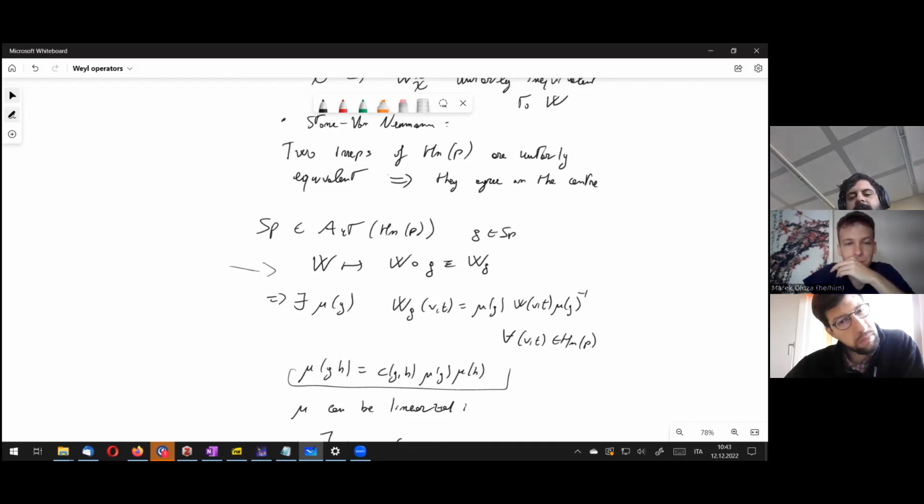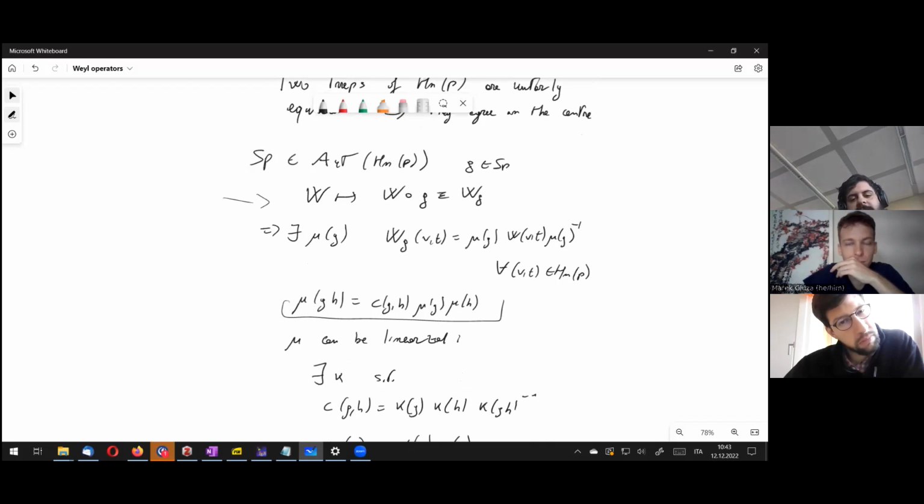And lastly, I commented that one can linearize this representation, because the Stone-von Neumann theorem holds up to a global phase. So in principle this operator is defined up to a global phase, but in the case of odd characteristic, one can trivialize this phase and make this mu a faithful representation of the symplectic group.